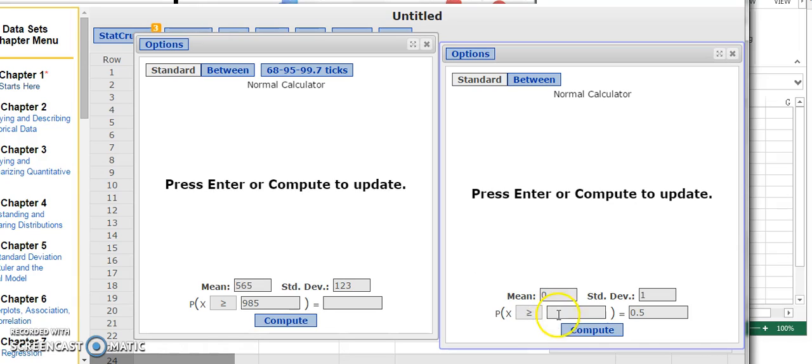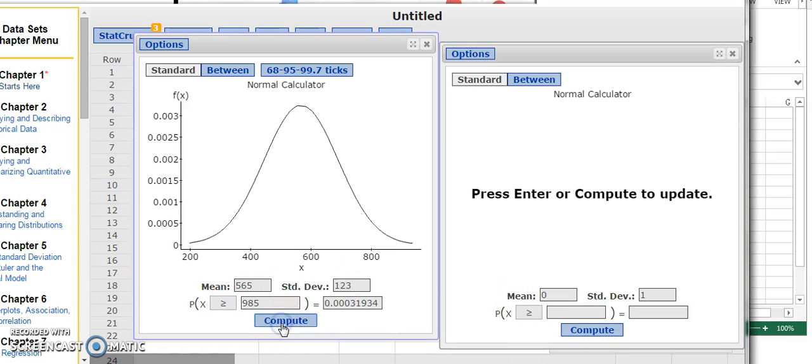When you do your calculation, the z-score will show in this box. So how do you fill in the boxes in order to get this value? We put the mean, the standard deviation, and the value we're looking at, greater than our mean. So we use the greater sign on both panels. And then we click compute on the first one. We got this probability. So we're going to put this probability into this box here, and we can get a z-score right here. Let's copy this value, put it here, and compute.